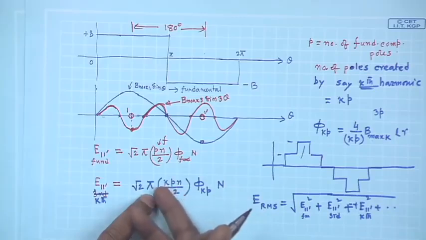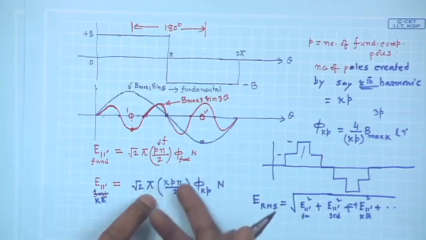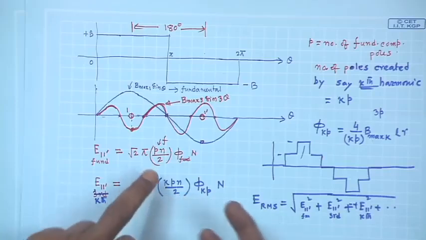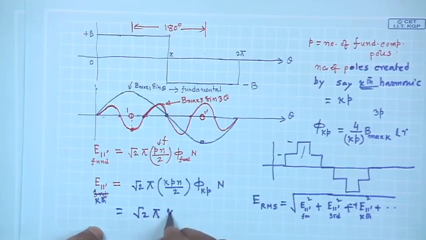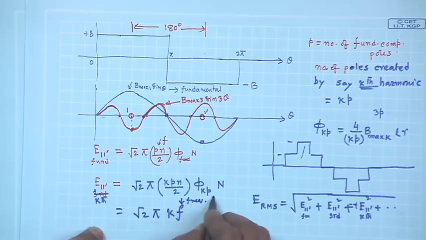So, P should be replaced by K p wherever it is there, n by 2, and this one therefore looks like root 2 pi K into F, where F is the frequency of the induced voltage due to the fundamental, and this is phi K p.